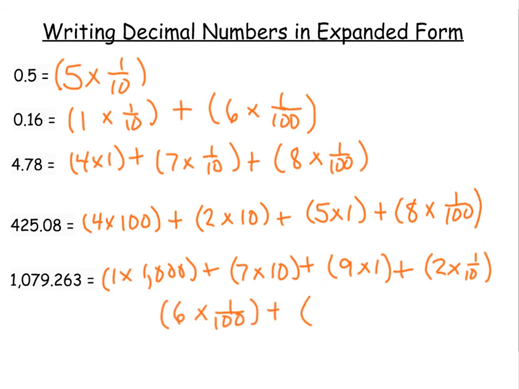And 3 is in the thousandths place, so that's 3 times 1/1000th. And that's the expanded form of 1,079 and 263 thousandths. And there's the review of reading and writing numbers in the three forms: standard form, word form, and expanded form.